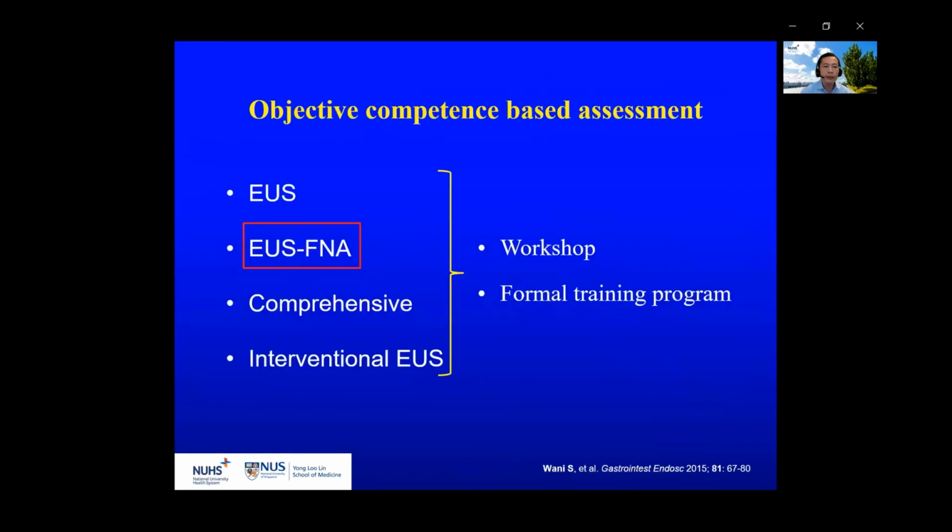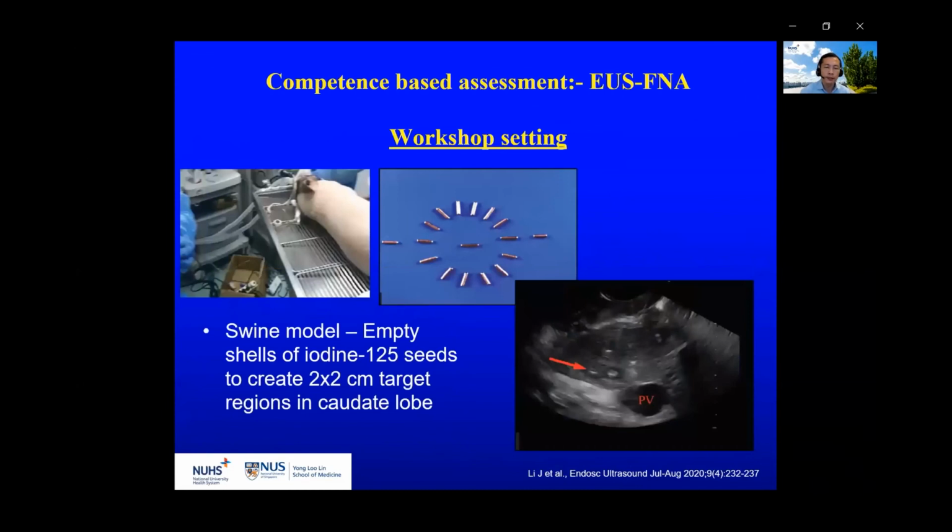So moving on, I'd like to touch a bit on the issue of competency in EUS FNA in the training setting. So firstly, on workshop setting, this FNA competency issue was studied by a Chinese group, okay, in their particular workshop.